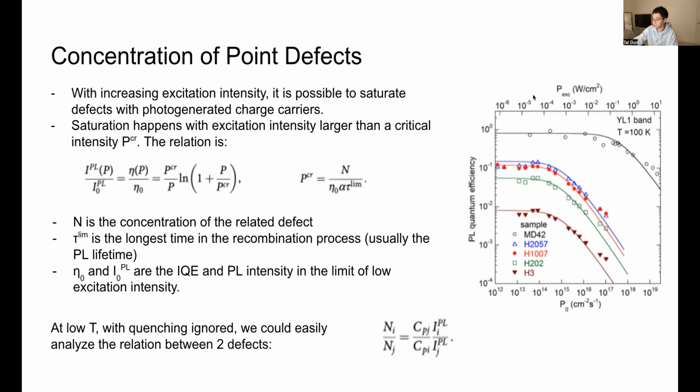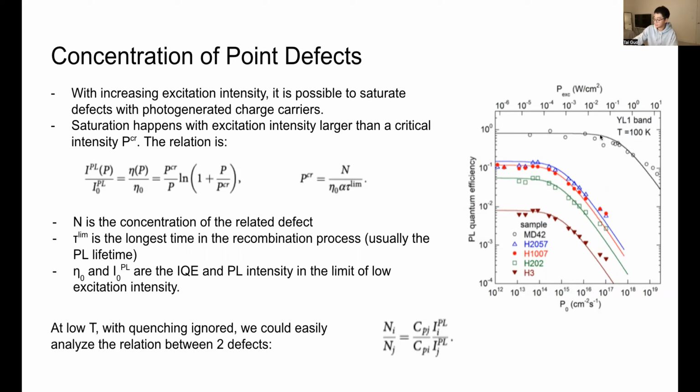And from some experimental data showing in this diagram, we can easily see that when we're increasing the excitation intensity, at some point, the quantum efficiency just drops from that critical excitation intensity, right?